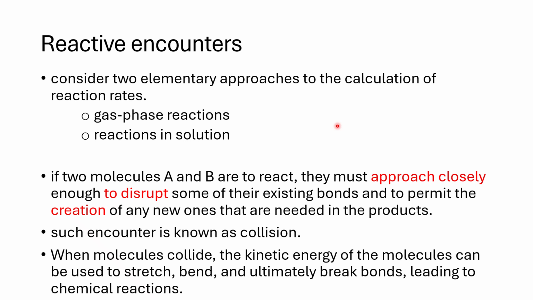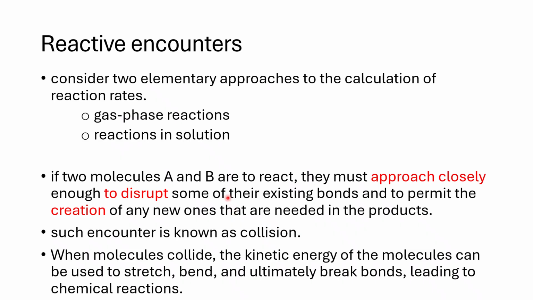Reaction begins with encounters between the molecules. In this section, we consider two elementary approaches to the calculation of reaction rates. One is related to gas phase reactions, and the other is related to reactions in solutions. Both of these approaches are based on the view that reactant molecules must meet one another.